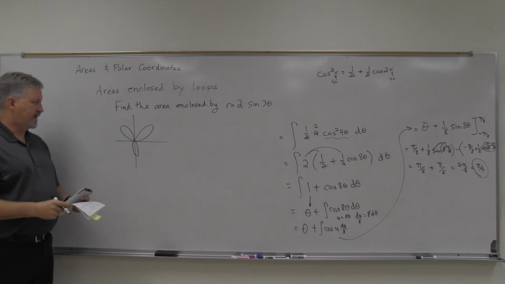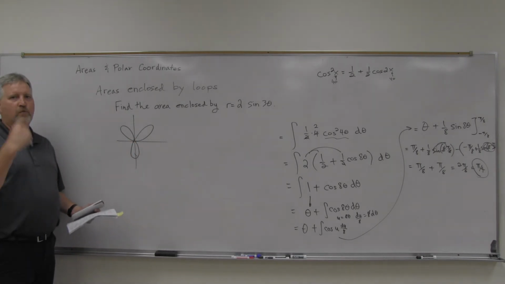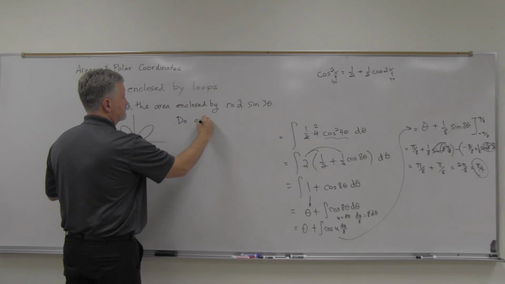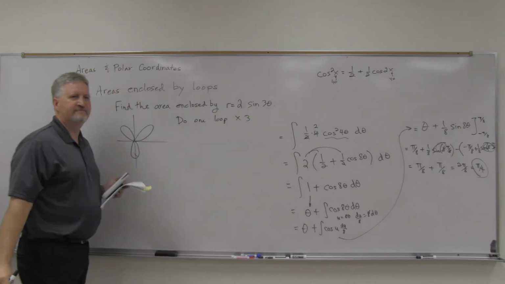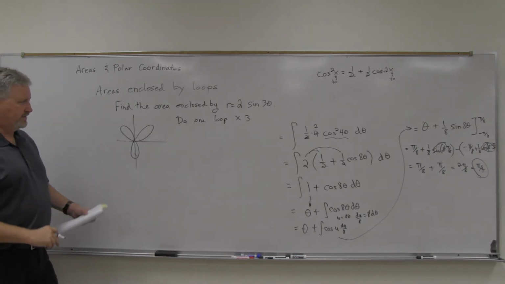Well, bad drawing, but they're all symmetrical. The way we're going to do it is just do one loop and multiply by 3. That's the easiest way to go about it, I believe.